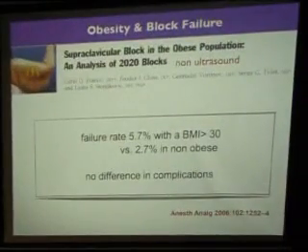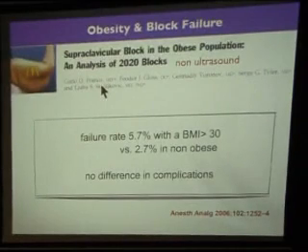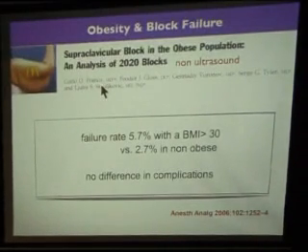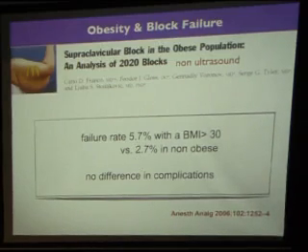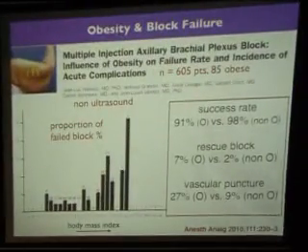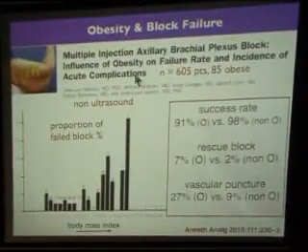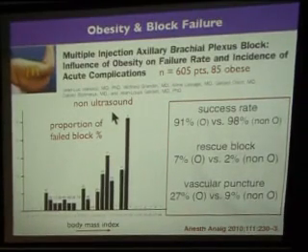Another study, I said to you, my friend Carlo Franco, he's very good with supraclavicular block before ultrasound, and yes, the failure rate is about 3% greater, but he was not able to see any difference in complications. This is again a peripheral nerve block in patients who are just going to have the landmark approach.